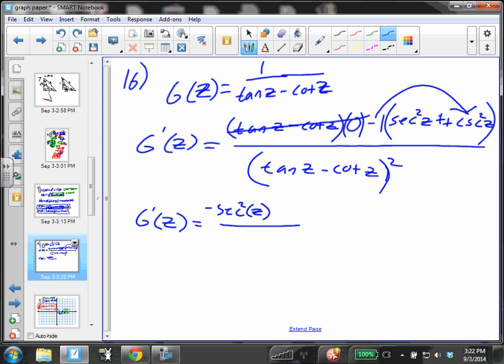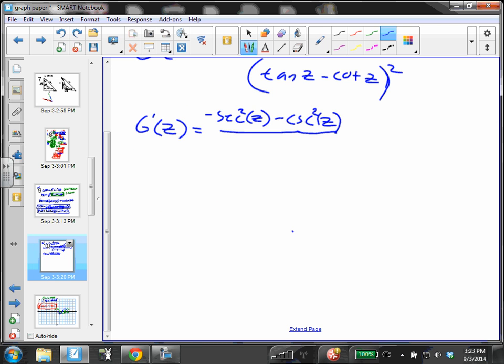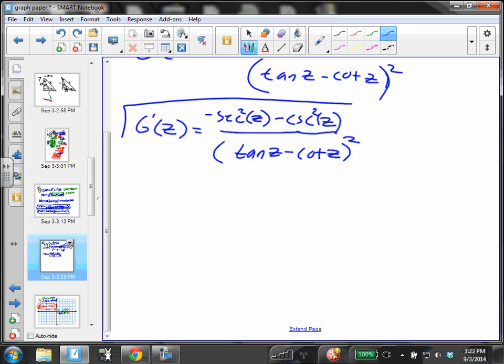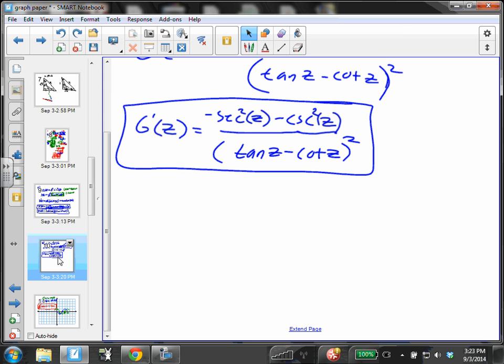And now when I distribute the -1, it's going to make negative cosecant squared z. Okay? So we had a triple negative there, which actually is a negative, right? The two negatives to start with turns into positives, and then when I distribute the -1, it actually makes it a negative secant squared of z all over the bottom, which is tangent z minus cotangent z all squared, right?